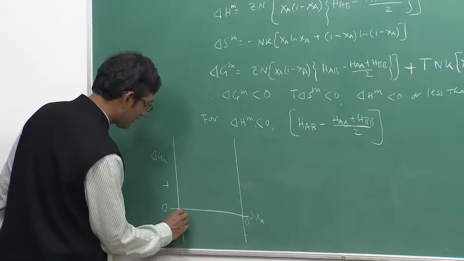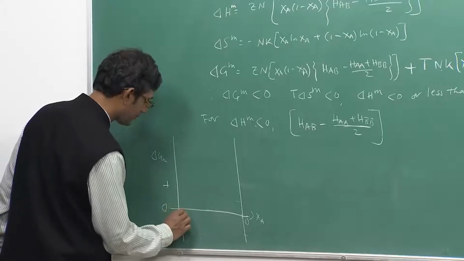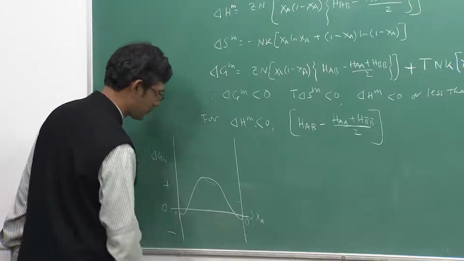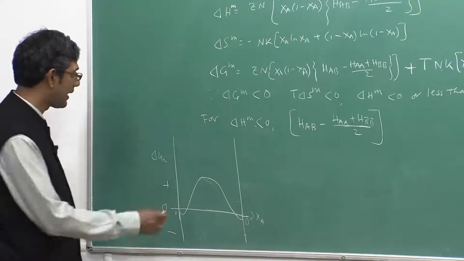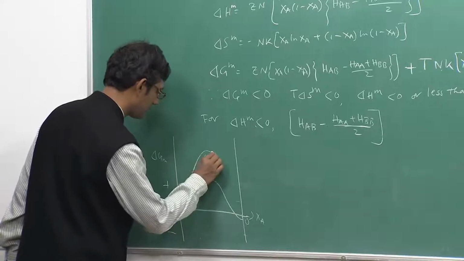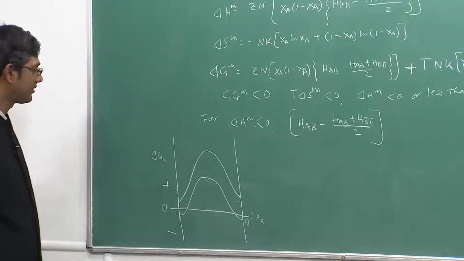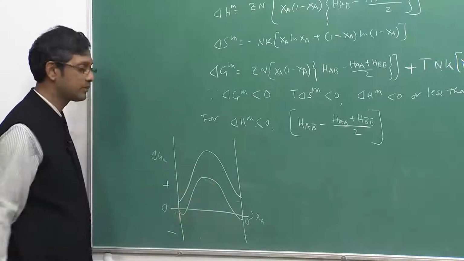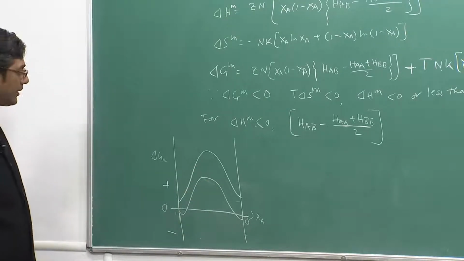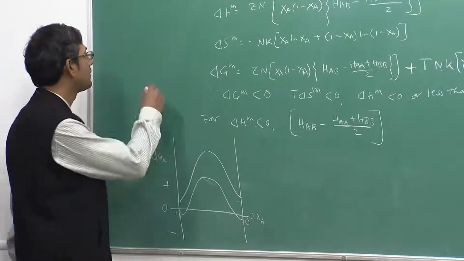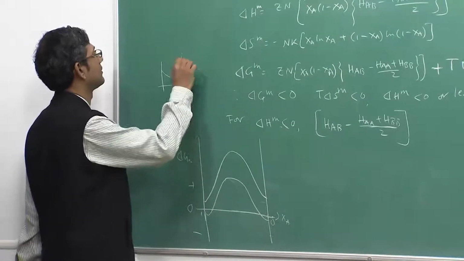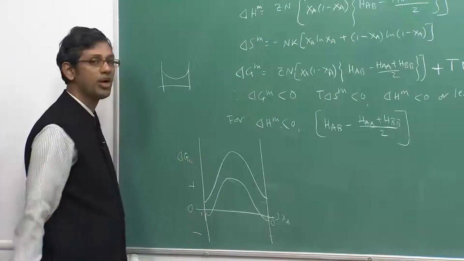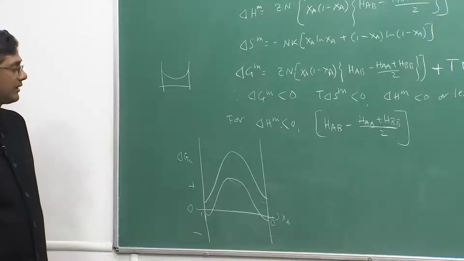So it can be like this, or it can be like this. As you can see here, free energy is positive and the curve has a particular shape. It is the opposite of the shape I discussed earlier, correct. So this kind of shape arises because of clustering in the atoms.